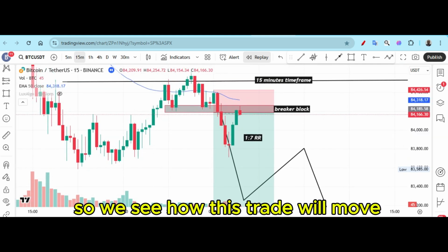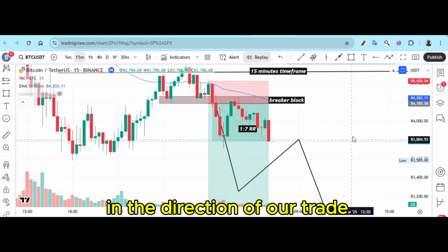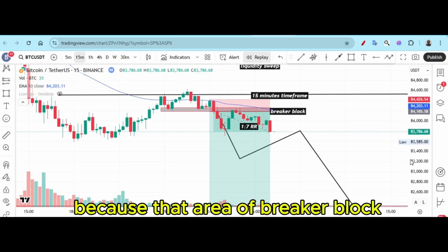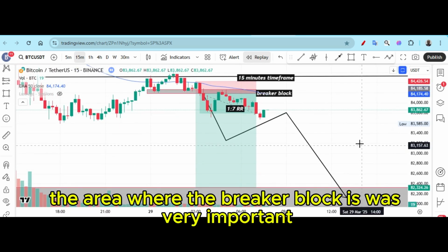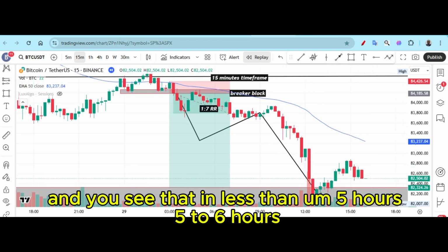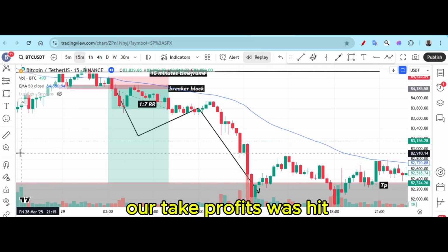So we see how this trade will move. So we can see that the price is already moving in the direction of our trade. You see, price didn't go any higher because the area where the breaker block is was very important. And you see that in less than 5 to 6 hours, our take profit was hit.